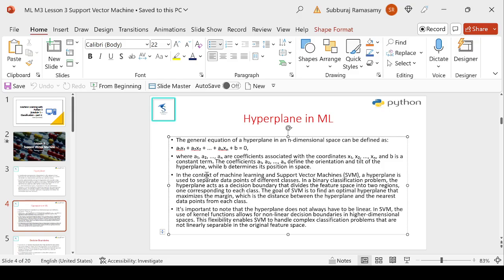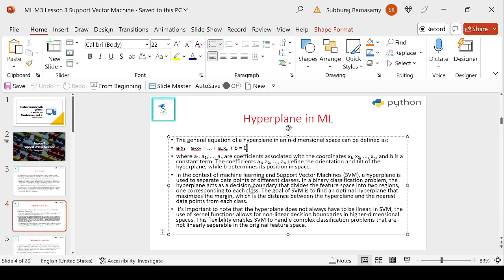In the context of machine learning and support vector machine, a hyperplane is used to separate data points of different classes. For instance, a customer bought a car or not. There are two different classes. To separate them, all those who bought the car are on one side of the hyperplane, and all those who didn't buy the car are on the other side. In binary classification, the hyperplane acts as a decision boundary that divides the feature space into two regions, one corresponding to each class.